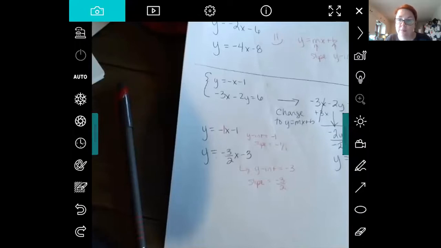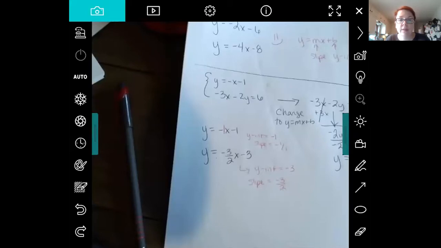So let's make this our red line. Let's start at -10. And then that slope was a positive up 1 over 2. There we go.